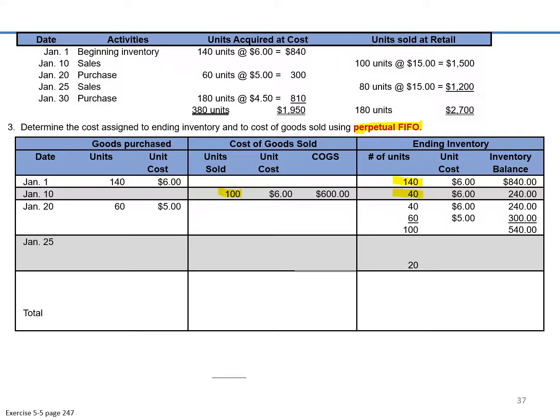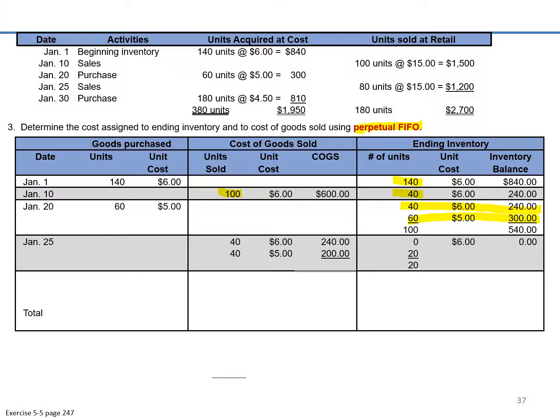Then on January 25th, we sold 80 units, and under the FIFO method, we're going to sell the remaining 40 from our beginning inventory first at $6 each, and then we're going to sell another 40 to get to our total of 80 from the 60 at $5 each for a total of 200.